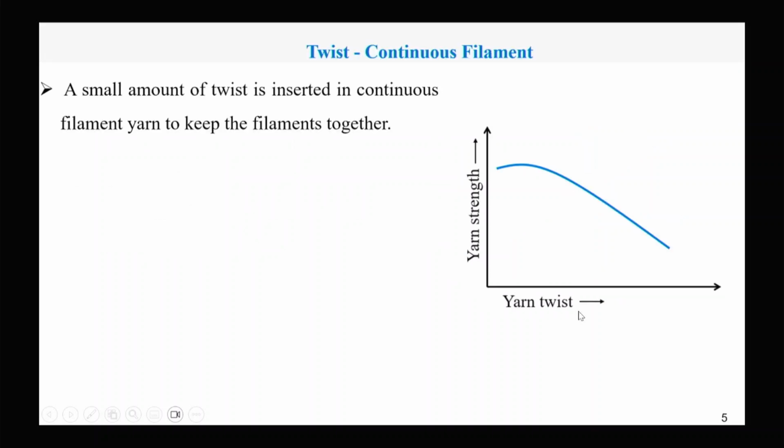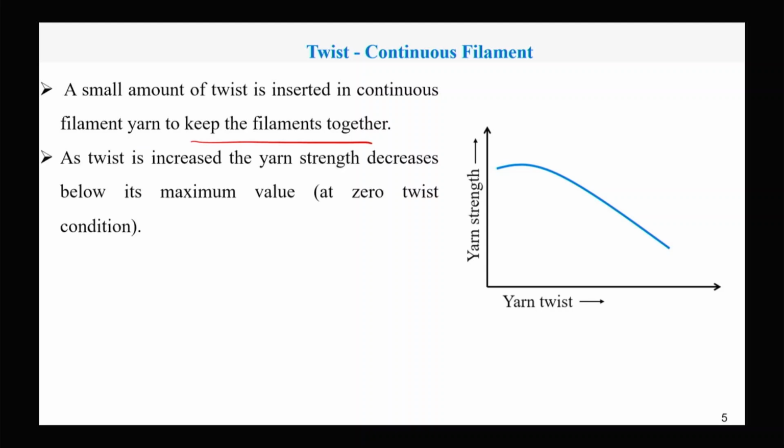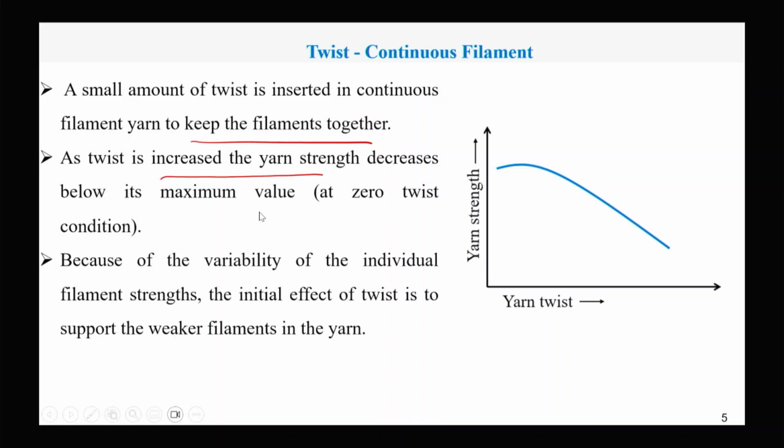This is for continuous filament. A small amount of twist is inserted to keep the filaments together. Strength increases initially and then decreases. This increase is basically due to the averaging out of the variability of filament strength.